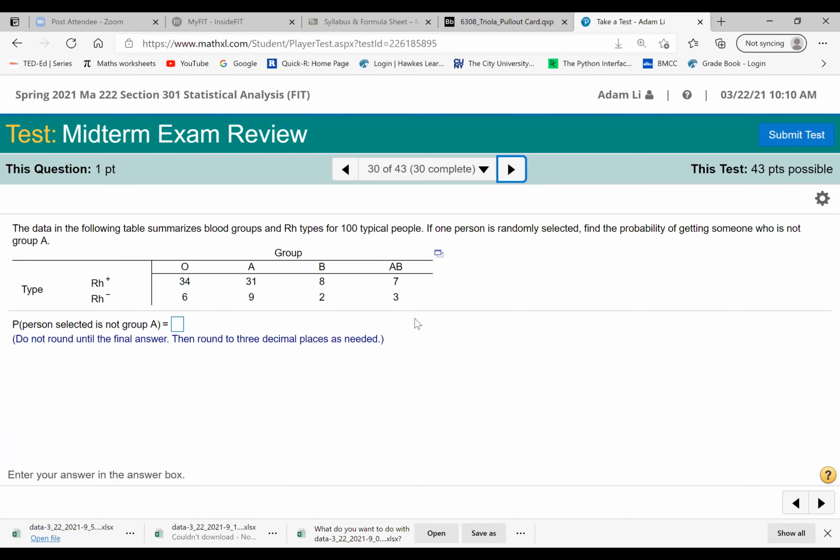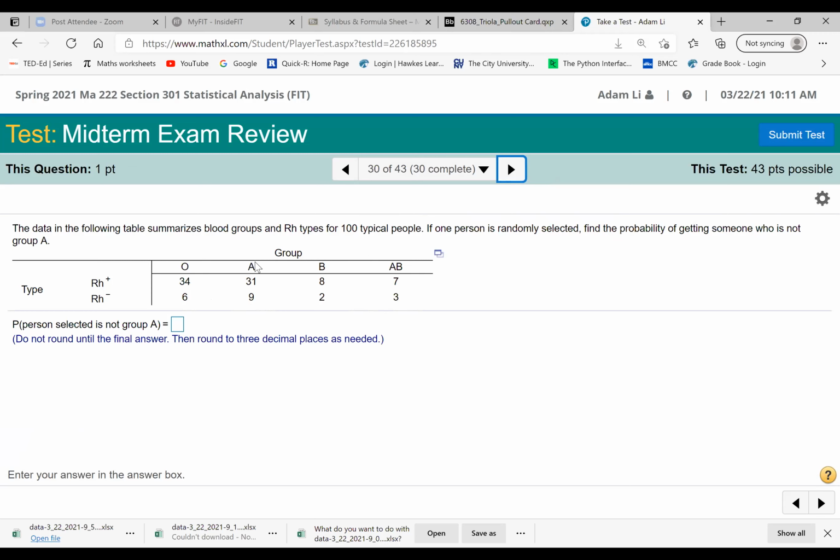Okay, so the data in the following table summarizes blood groups and Rh types for 100 typical people. So we know that the sample size is 100, meaning if you add up all these numbers within the table, it must be 100, right? You can confirm that. If one person is randomly selected, find the probability of getting someone who is not group A. This is group A right here. Group A has 40 people, right?